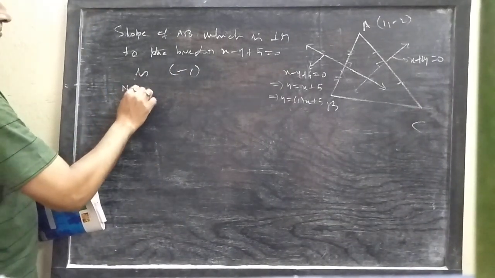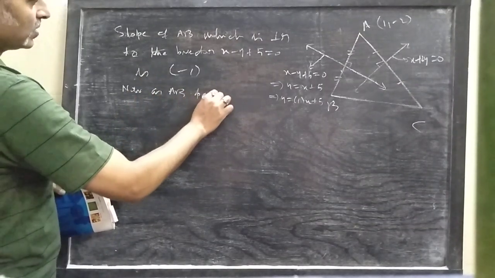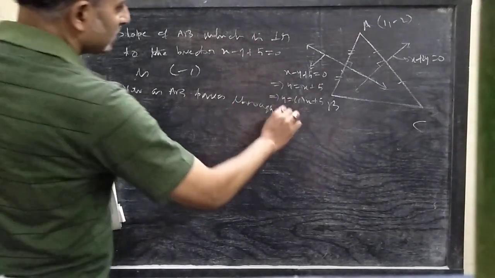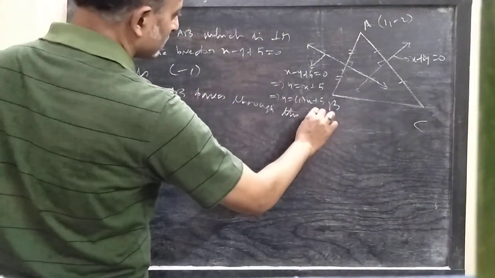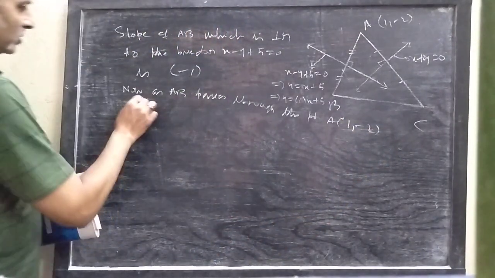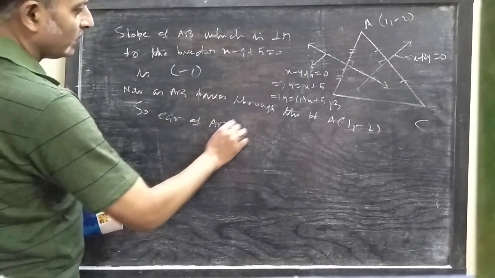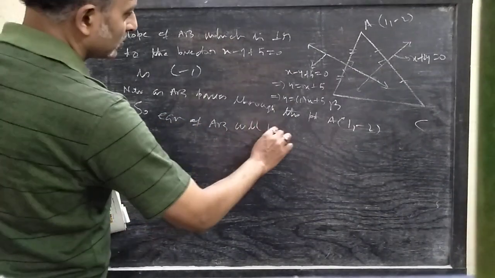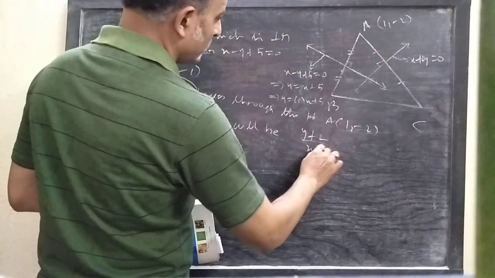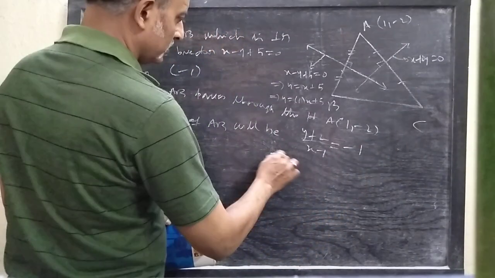Now, as AB passes through the point A (1, minus 2), the equation of AB will be (y plus 2) by (x minus 1) equals minus 1.